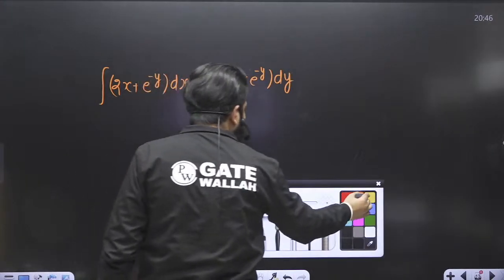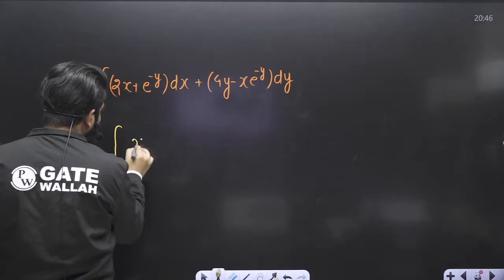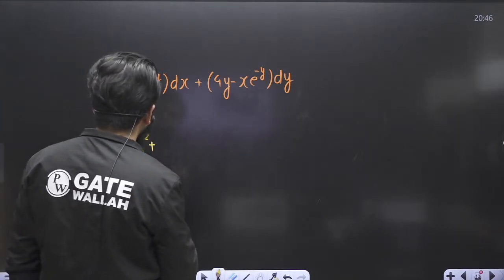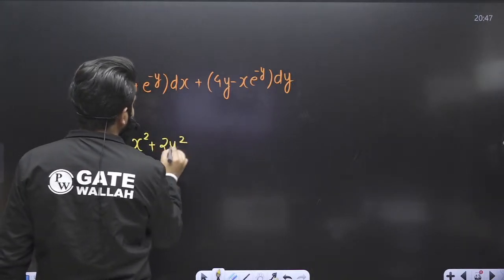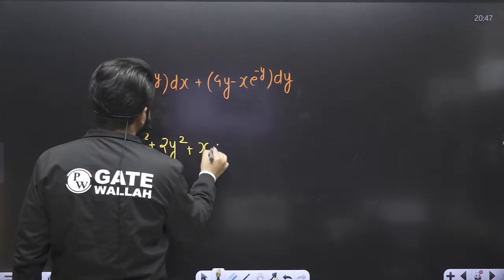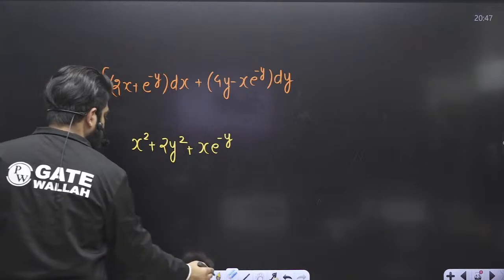Perfect. So can I write this complete expression like this? x² plus 2y² plus x e^(-y).